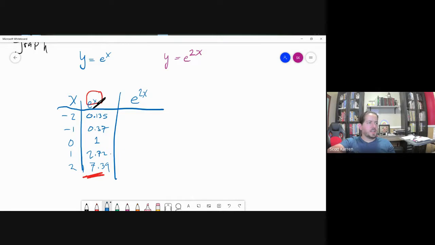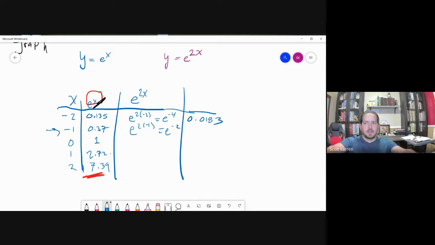And so like if x is -2, e to the 2x is e to the 2 times -2, which is e to the -4, right? And so that number is 0.0183. If x is -1, then I have e to the 2 times -1 or e to the -2. And e to the -2 was 0.135.